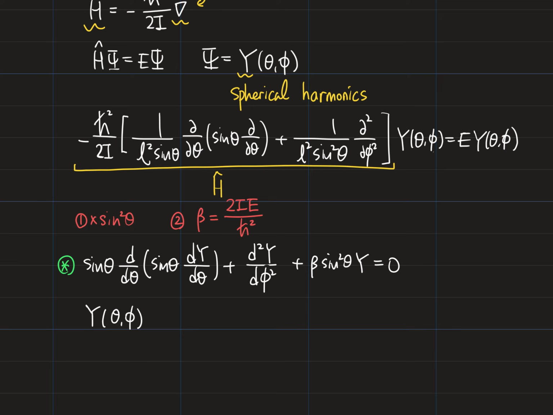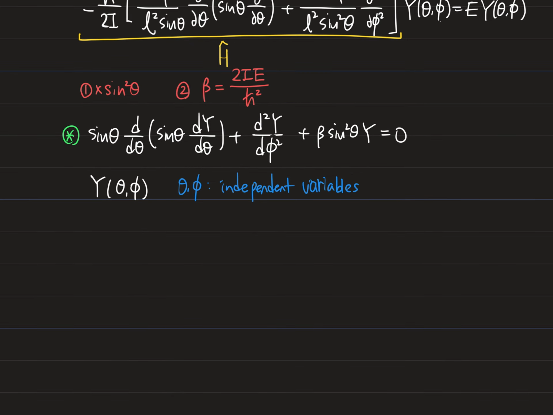So r, theta, phi are independent variables. That means we can apply the separation of variables to this solution. So Y(theta, phi) can be expressed as large Theta multiplied by large Phi.